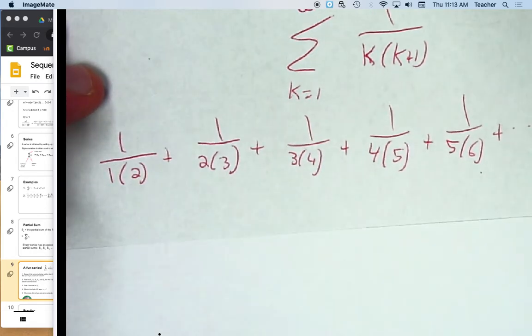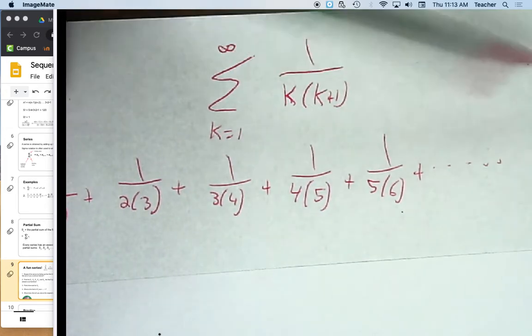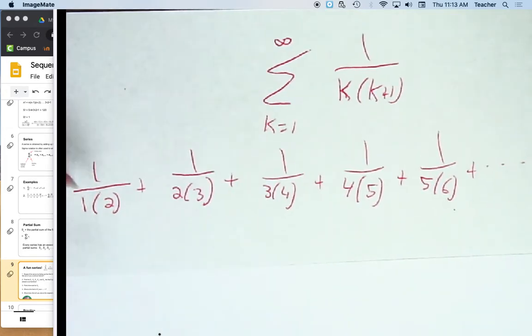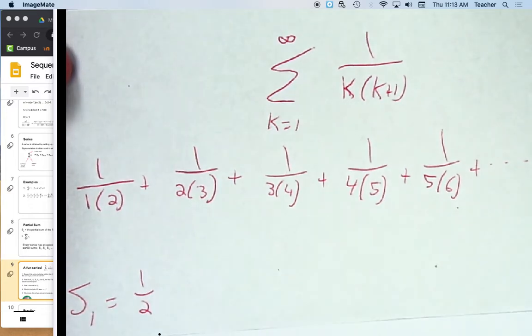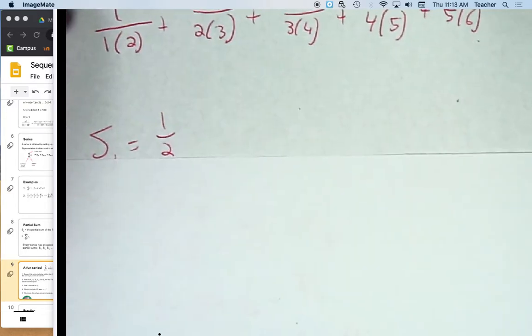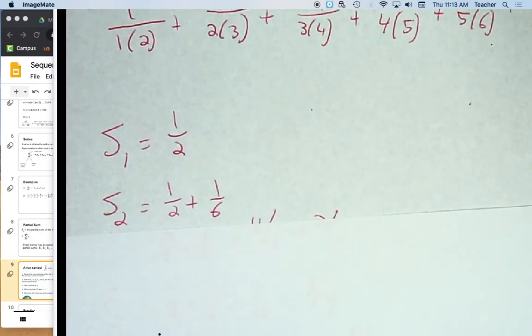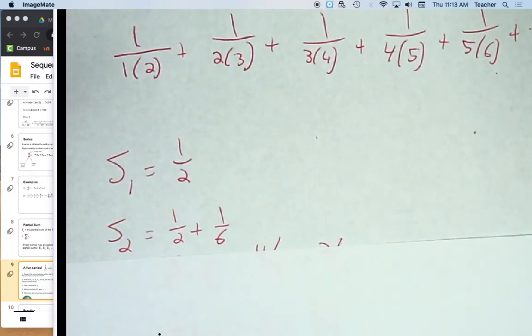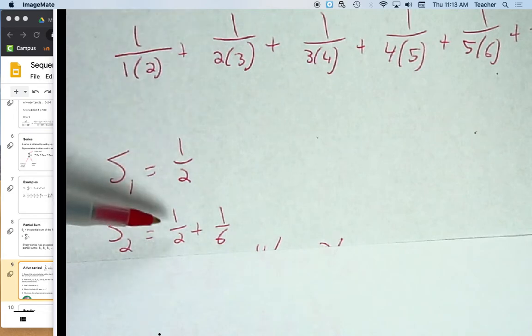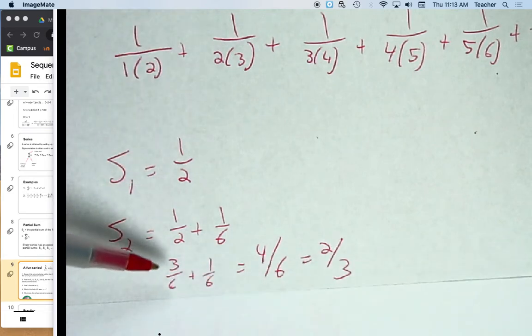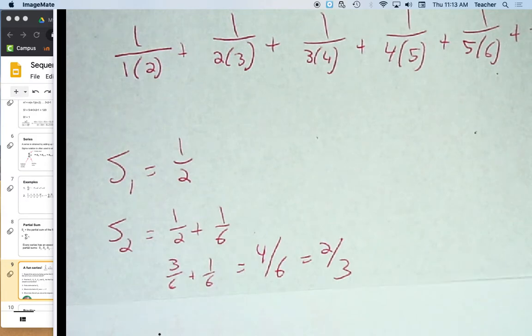The way we're going to explore it is, instead of doing infinitely many terms, we're just going to stop along the way. S sub 1 is the sum of the first term, that's just 1/2. S sub 2 is the sum of the first two terms, so that's 1/2 plus 1/6. You can even do this by hand, get a common denominator, 4/6, which reduces to 2/3.